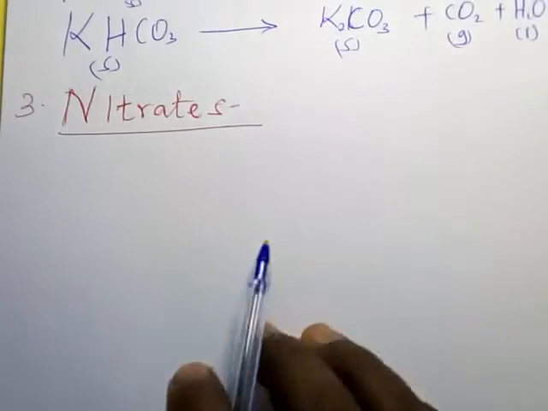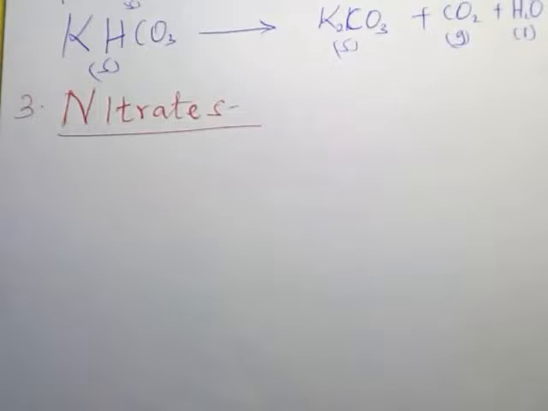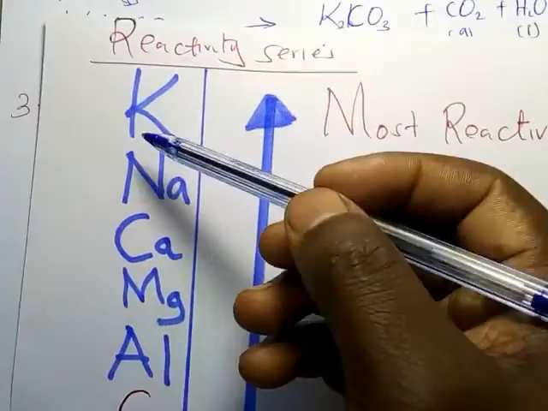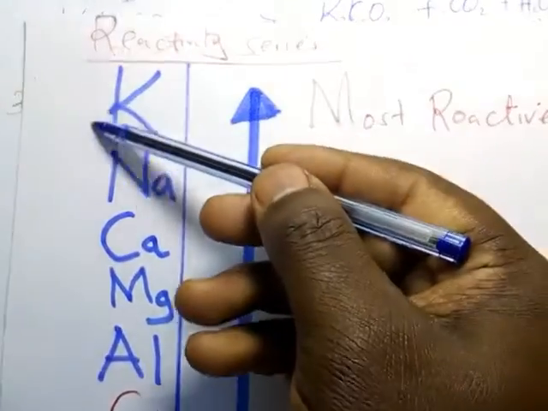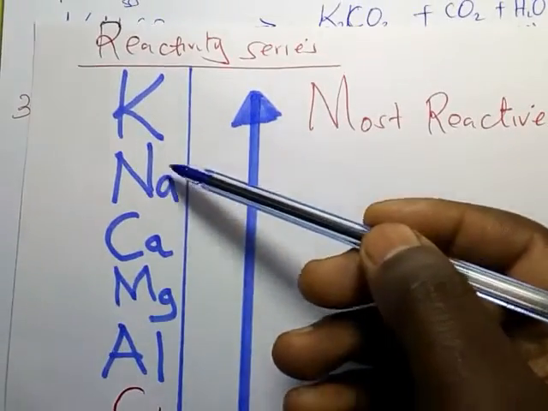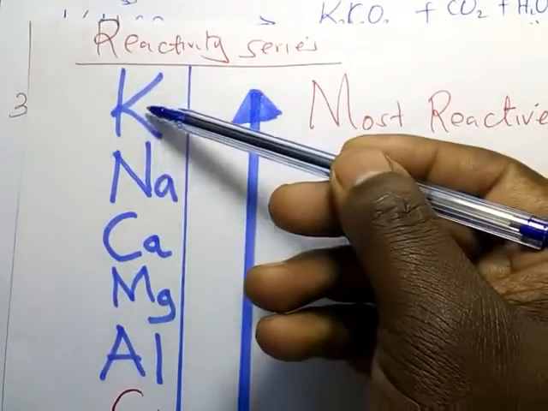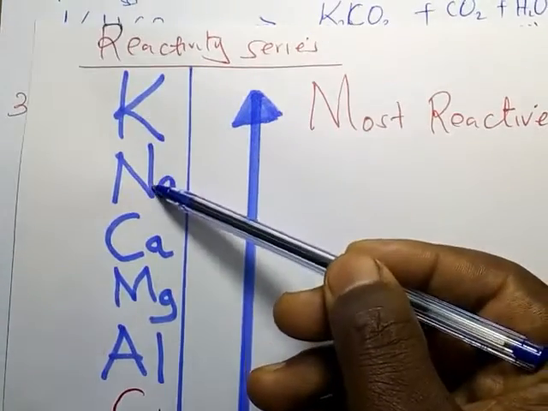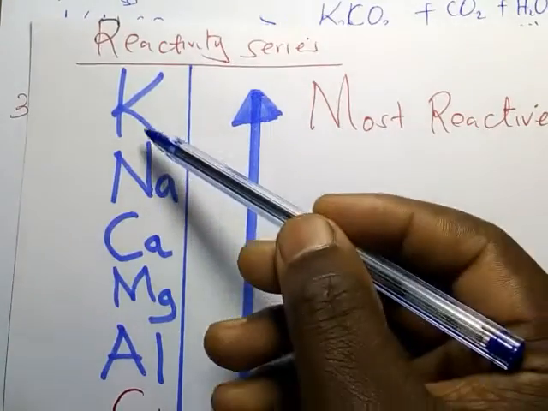Let us look at nitrates. Effect of heat on nitrates. Nitrates depend on the reactivity series also. The nitrates of metals higher in the reactivity series like potassium and sodium, when heated, form two products.